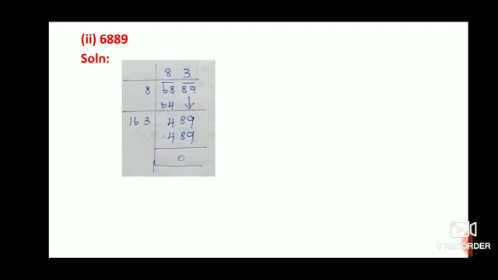So 8 plus 8 is 16. 16 into 3 is 48. So 3 into 163 is 489. So 0. So the final answer: root of 6889 is equal to 83.